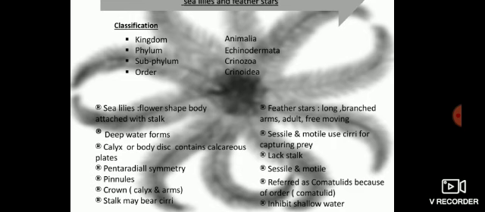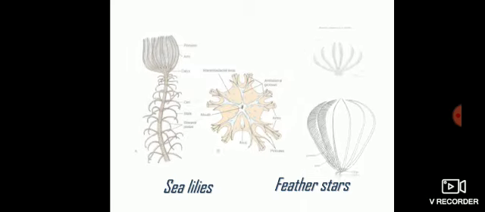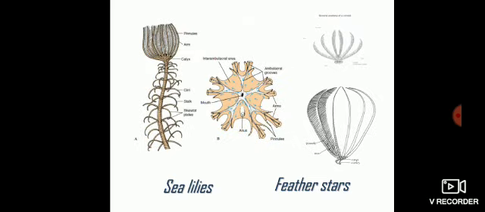These members of class Crinoidea are called comatulates because they belong to the order Comatulida. And these feather stars inhabit shallow water. This is how we can explain the difference between the sea lilies and the feather star.